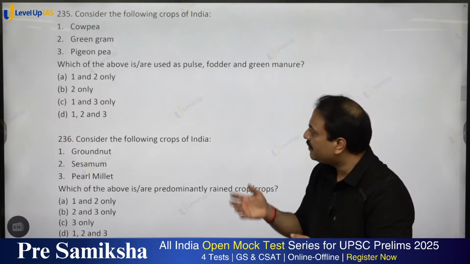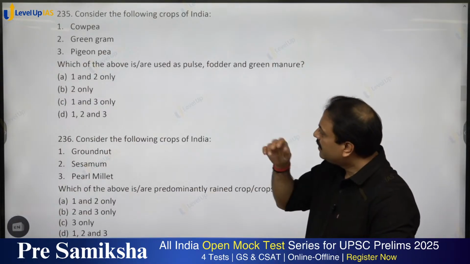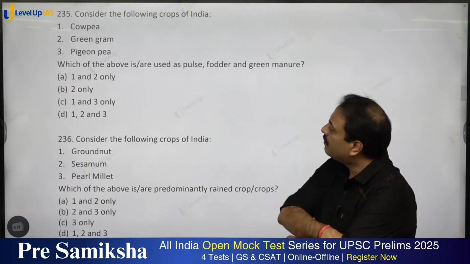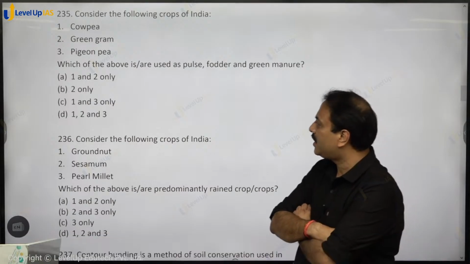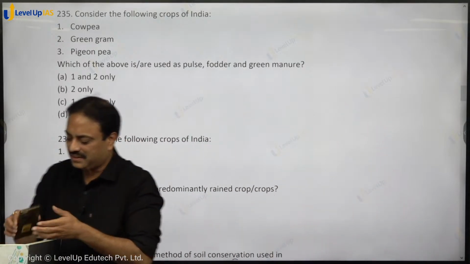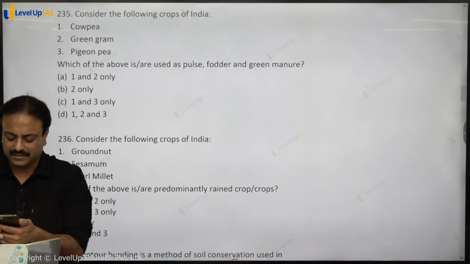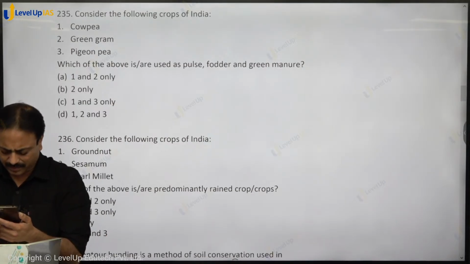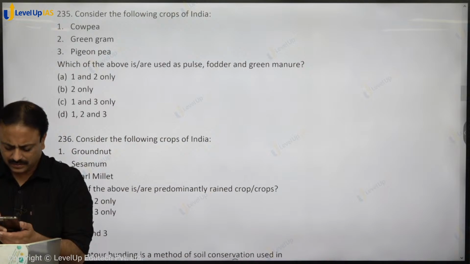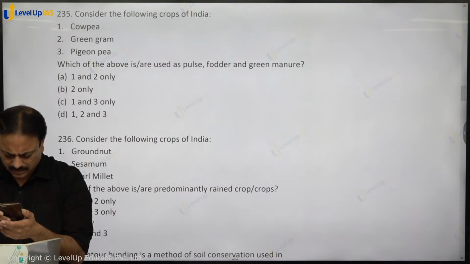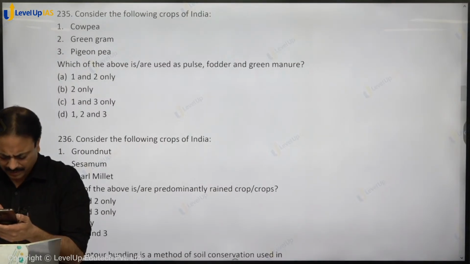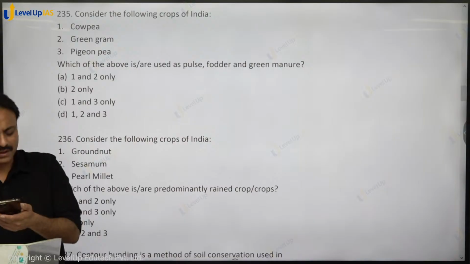But UPSC has given the answer as 1 and 2 only, I think so. 1 and 2 or 1 and 3. Let me check what UPSC has given as the answer. What is the question number? 35.